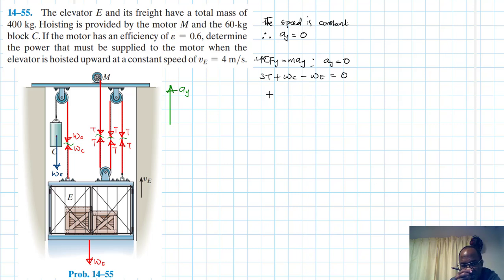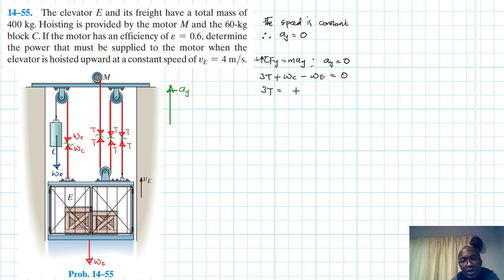Therefore, WE is known, WC is known, so let's find what 3T is.